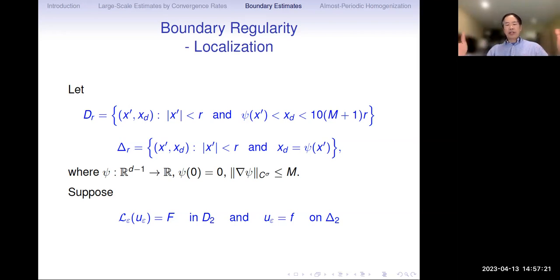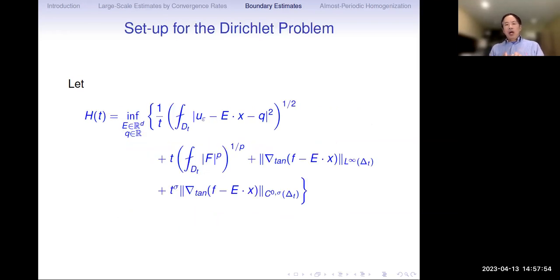And D2 is roughly the intersection of the domain with a ball of radius 2, and delta 2 is the intersection of the ball B2 with the boundary of omega. So delta 2 is the piece on the boundary. That's the setup here. So here we need to redefine the function h of r or h of t here.